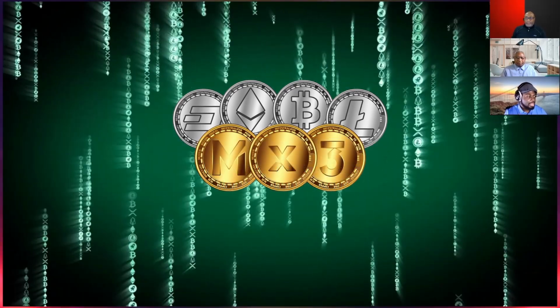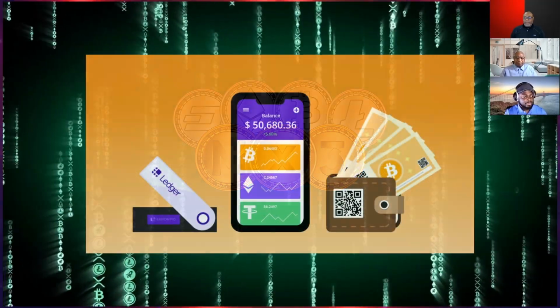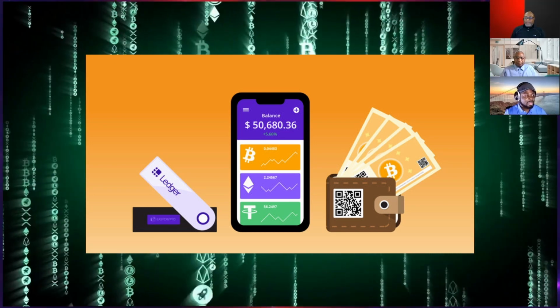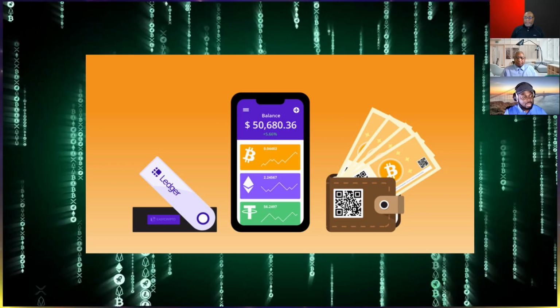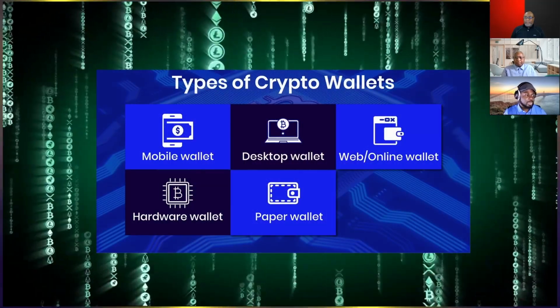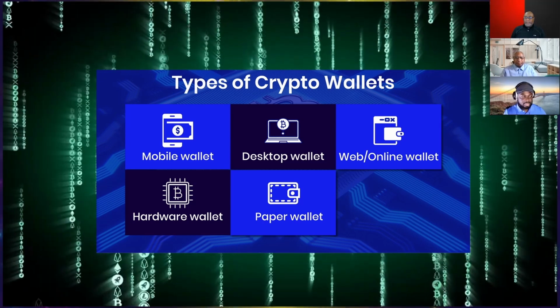There are three types of wallets: online wallets, hardware, and paper wallets. So on this episode, we wanted to describe some examples of these wallets and their use cases.